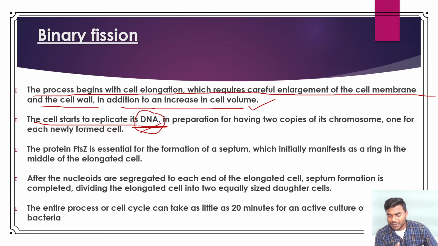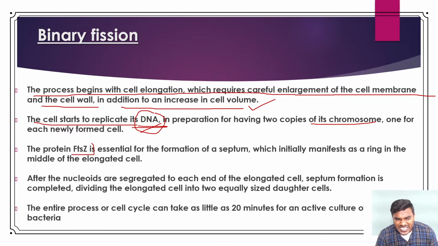Now, what is the statement I just gave you in the previous slide? I told you that whenever there is a formation of a septum, it indicates that chromosomes are moving towards the poles. Now the question to all of you, friends: if this septum is to be formed, there will be a requirement of an important protein.